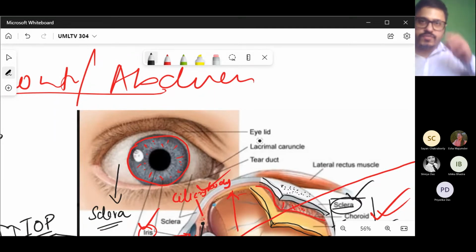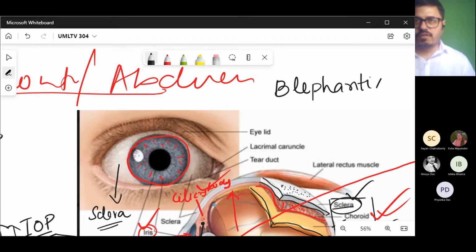You tell me the prefix for the eyelid. This term means inflammation of eyelids. So tell me the prefix by breaking this term down.